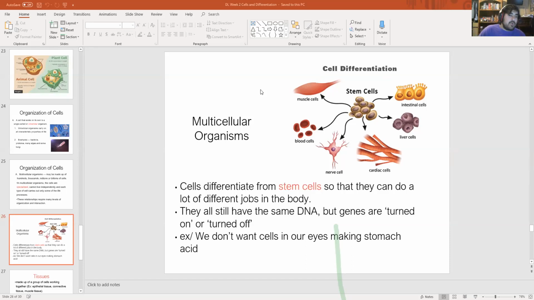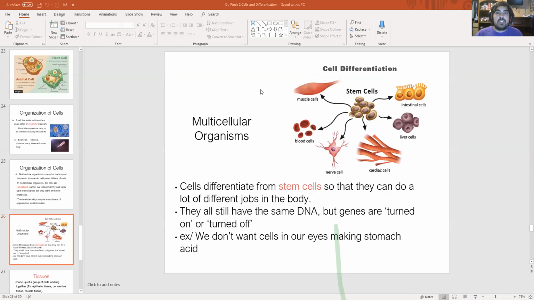But it's important to note because a lot of you didn't get this the first time around. The reason why, because everything in our body has the same DNA, right? We have identical DNA throughout our entire body, unless you're that one rare instance where you devoured your twin or you're a chimera like that one woman, right? We all have the same DNA in our body.